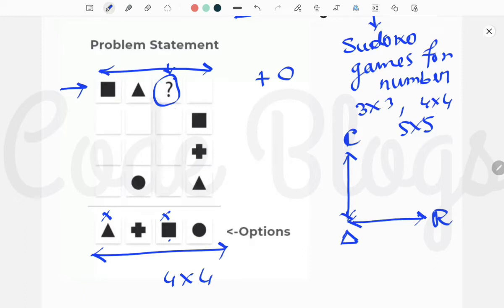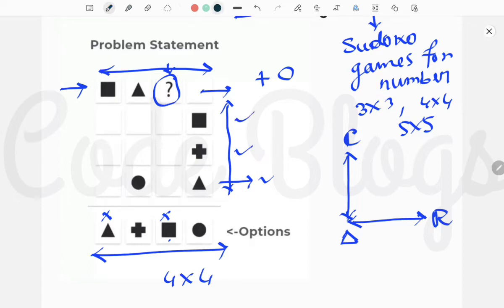the geometrical shape for this question mark place, first of all we have to find this other place's shape, because in this column, just take a look, triangle is already there, plus symbol is already there, and square is already there, so the remaining is circle.